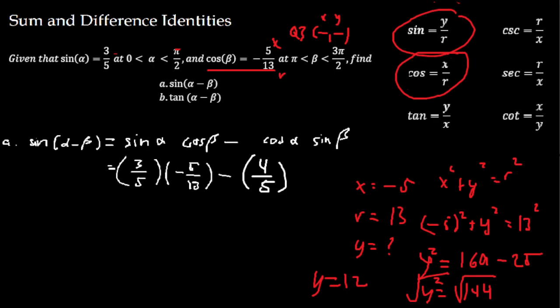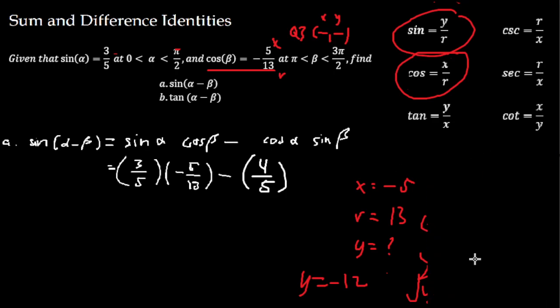And since it's in quadrant 3, our y will also equal negative 12. Yes. Now, we can erase this. Now we have x, r, and y.